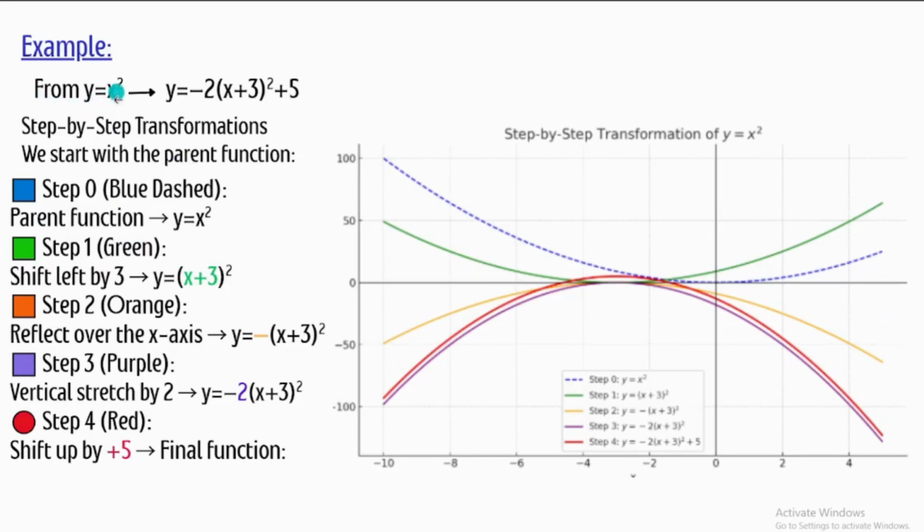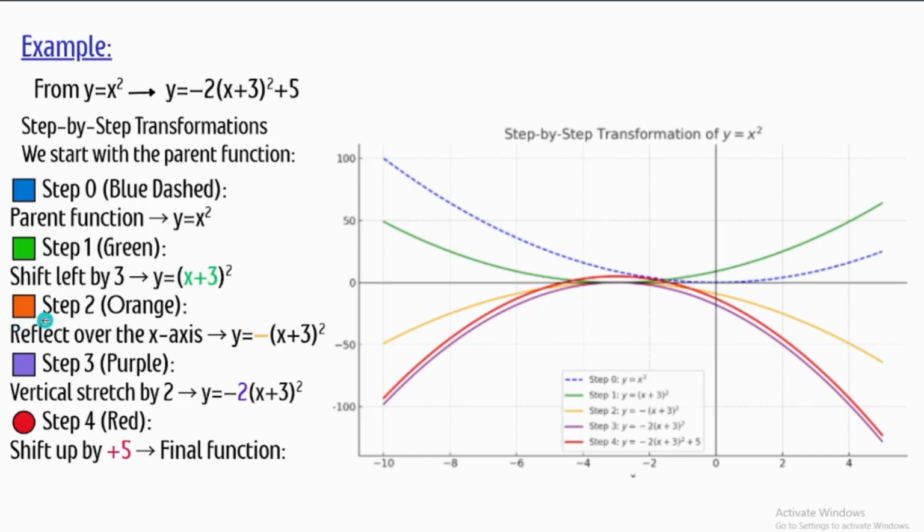Transform y equals x squared. This is x squared, and we want to make the steps to get this function, negative 2 times (x plus 3) squared plus 5. What is the first step? Of course, y equals x squared is the blue one. This is the parent function. Step 1, green, is to add 3, that is x plus 3. We said that we start with what happens with x plus 3, so there is a shift of negative 3.